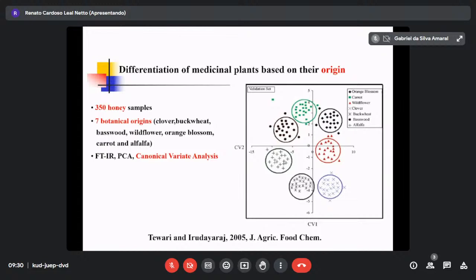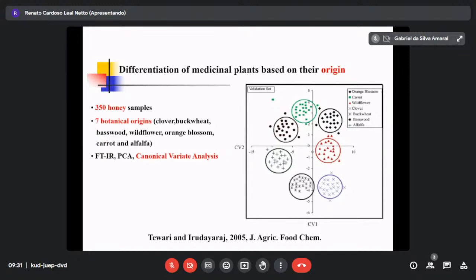And then around the bee hive, right? Around the bee hives, you can measure IR or NMR. I measured honey, which is produced in a certain region, and I measured the IR spectrum or NMR spectrum of all the plants, like orange blossom, carrot, wildflower, whatever. After that, there are two kinds of data sets.